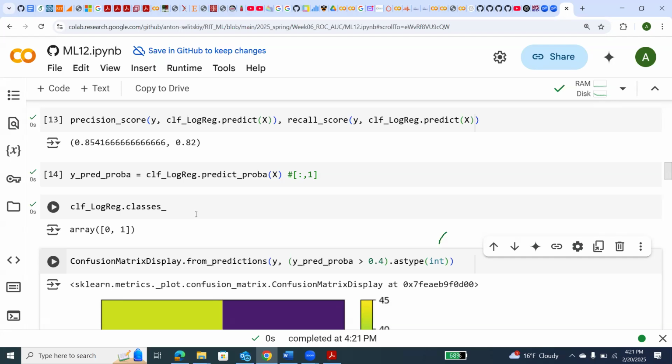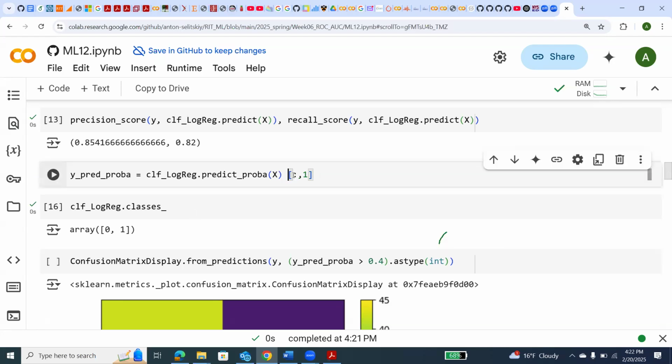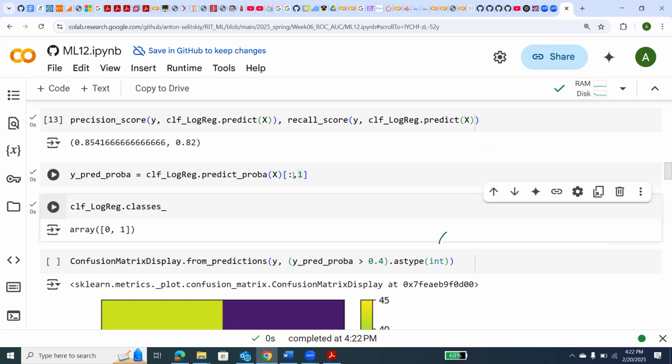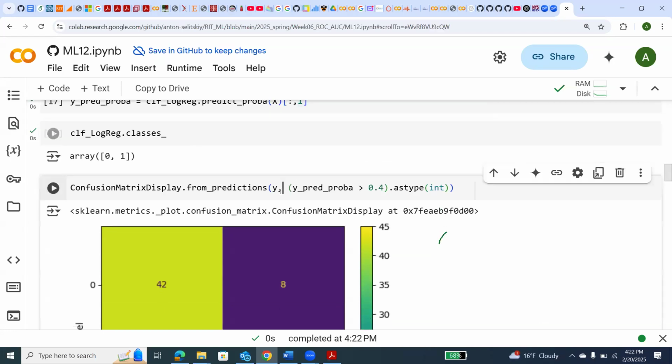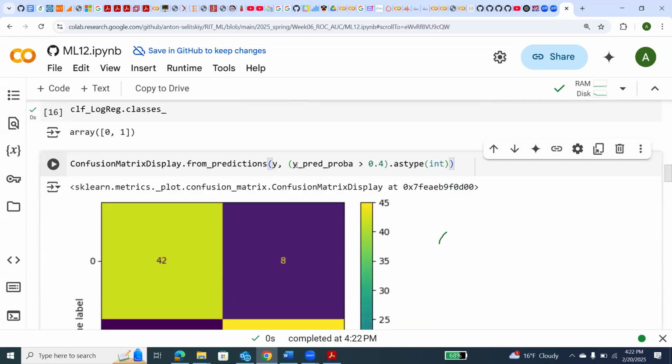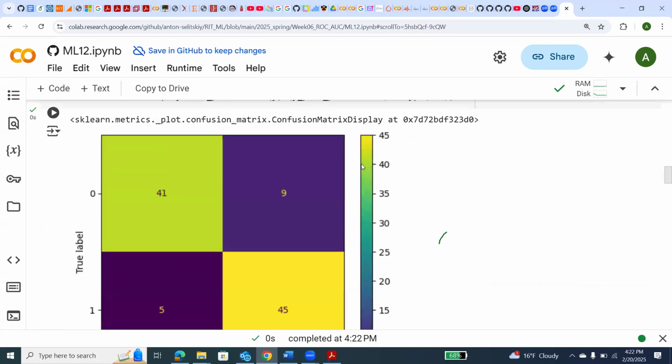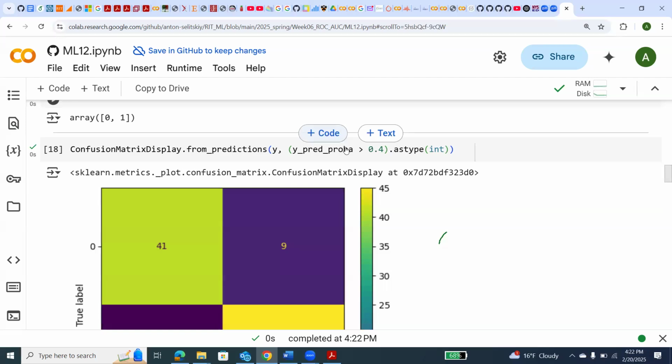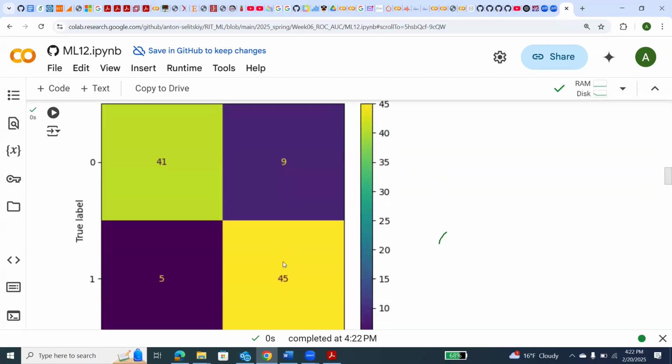So that's why for positive class probability, I'm using index 1, not index 0. So to apply threshold, we can use this positive class probability greater than 0.4. And then we will get predictions for the new threshold.